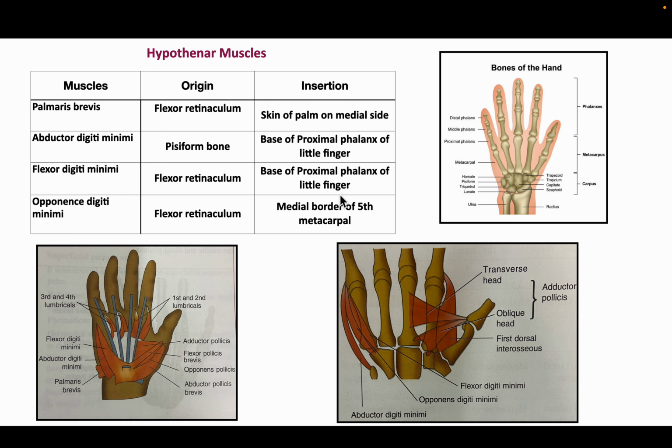So it almost corresponds to that of the thumb. If we compare the origin and insertion of these muscles with those of the thenar muscles, the insertion is almost the same. In that case, the opponens pollicis was inserted on the first metacarpal, but in this case it is inserted on the medial border of the fifth metacarpal bone.